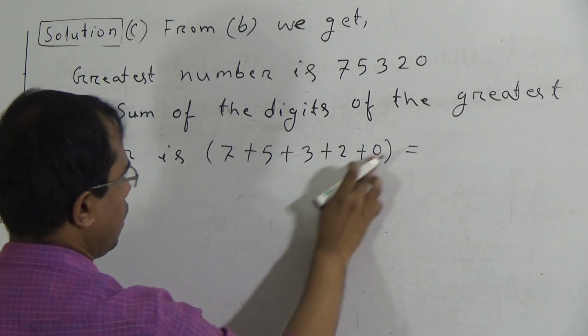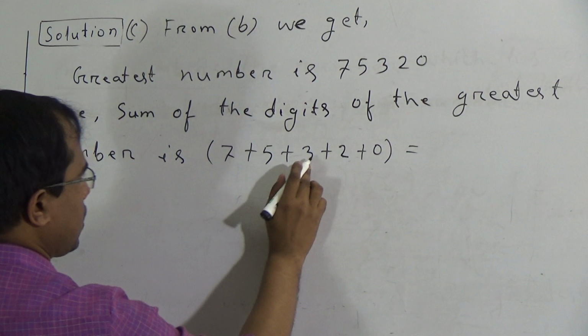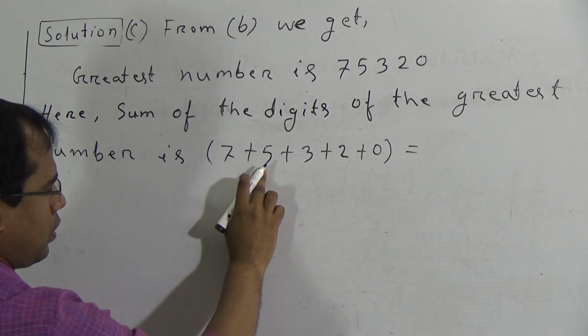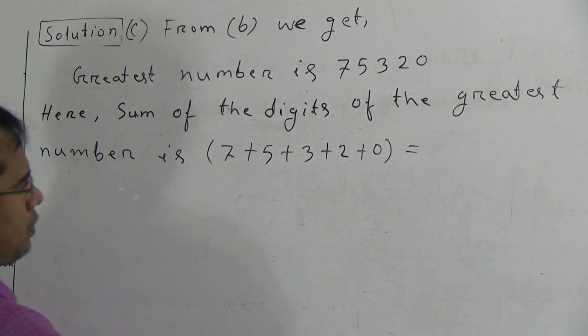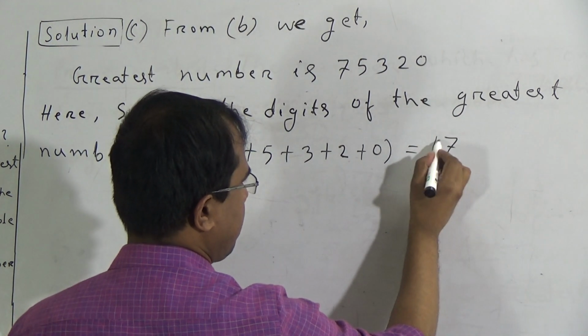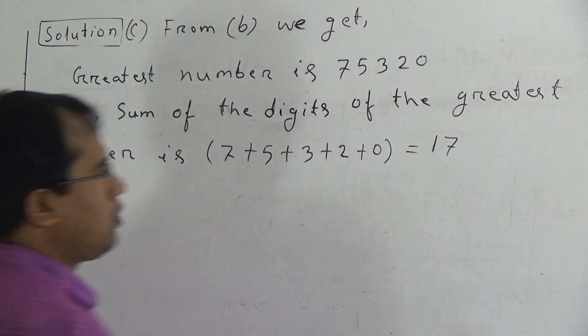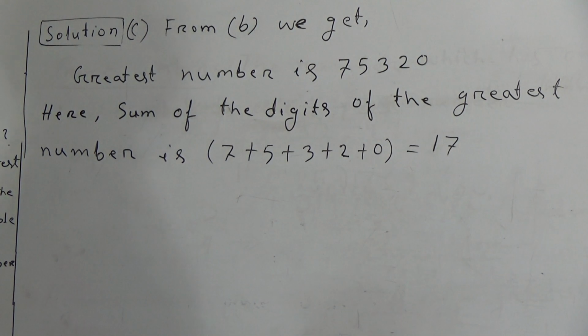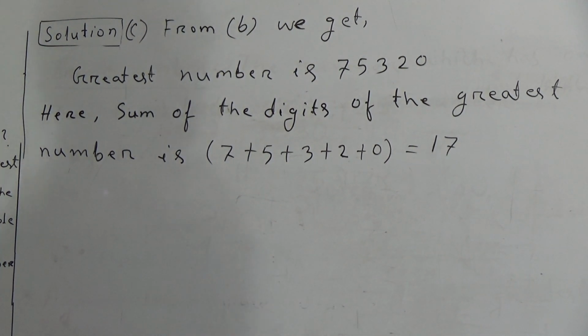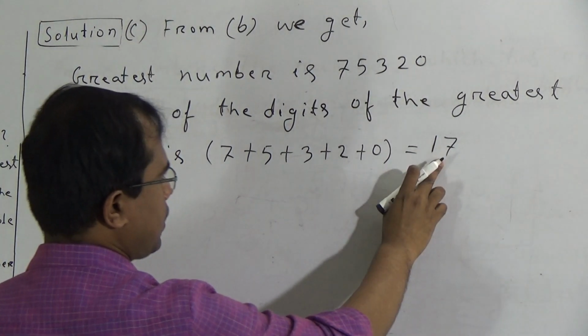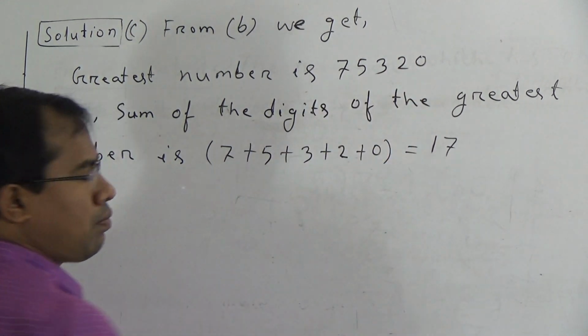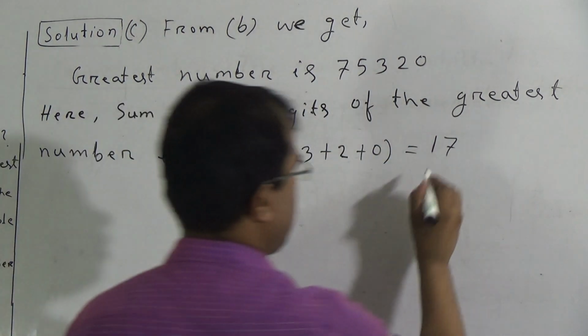This is equal to 0 plus 2 equals 2, 2 plus 3 equals 5, 5 plus 5 equals 10, and 10 plus 7 is equal to 17. 17 is not divisible by 3. We know that 3 fives are 15 and 3 sixes are 18. Since 17 is not divisible by 3, the greatest number also is not divisible by 3.